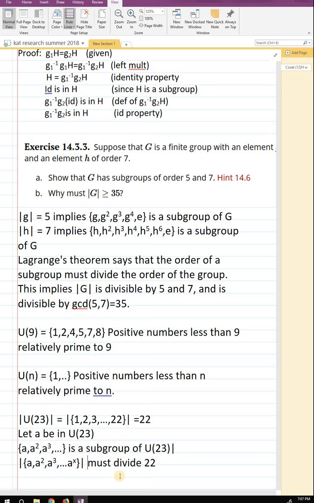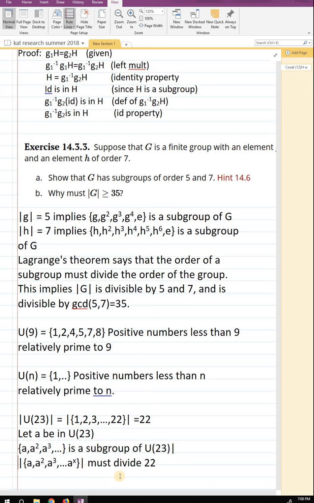Anything else? Well, how many different elements are in here? You don't know it's 22, you only know it divides 22. There are x elements.